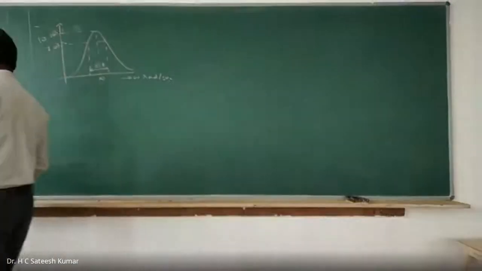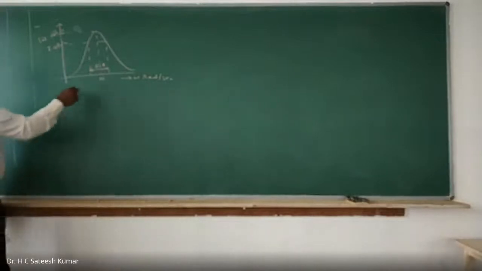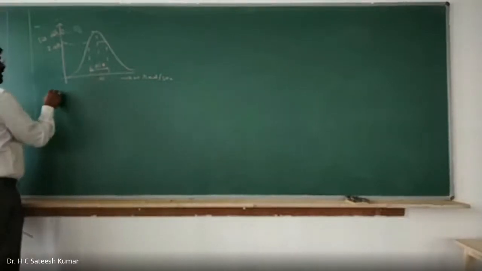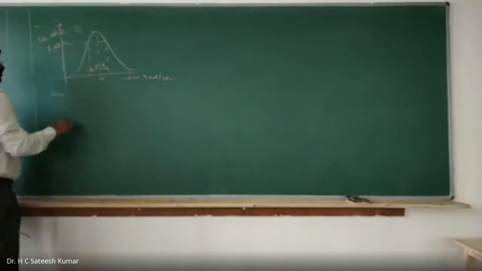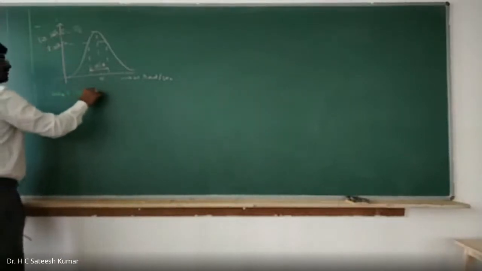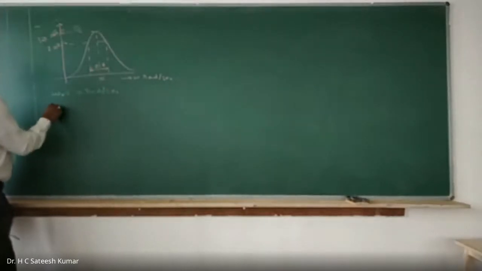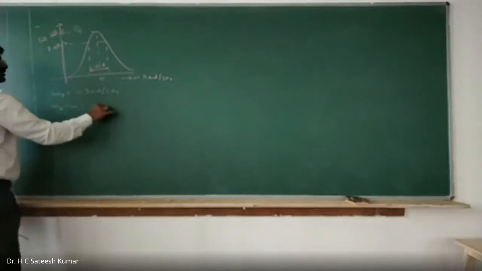Here he has given 10, meaning omega r he has given. Omega r is 10 radians per second. And the bandwidth he has given: omega 2 minus omega 1 is 0.4 radians per second.